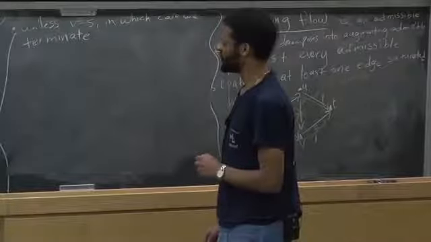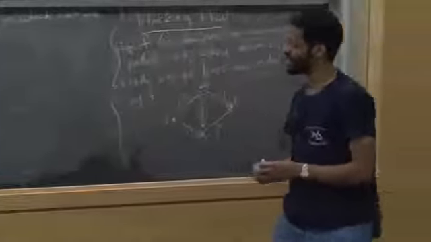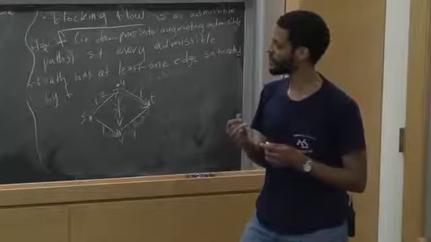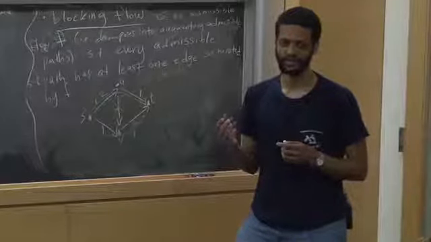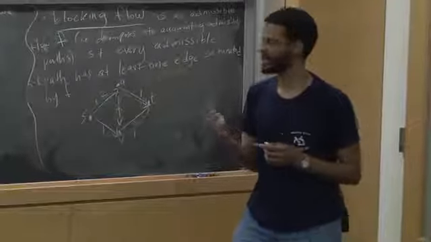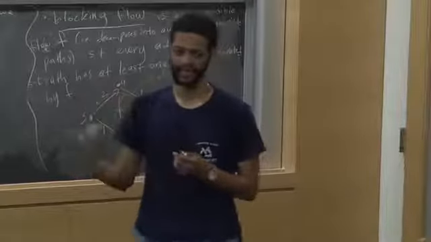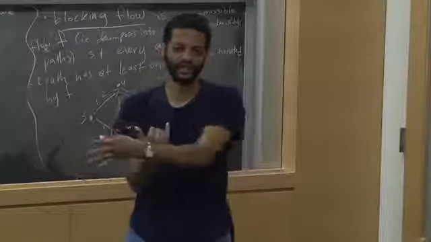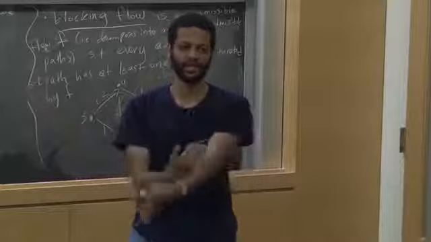Right, but okay. So the point is, if T is actually reachable, we will find a path that goes to T. And then we will saturate, here we're in a unit capacity case, we will saturate those edges.